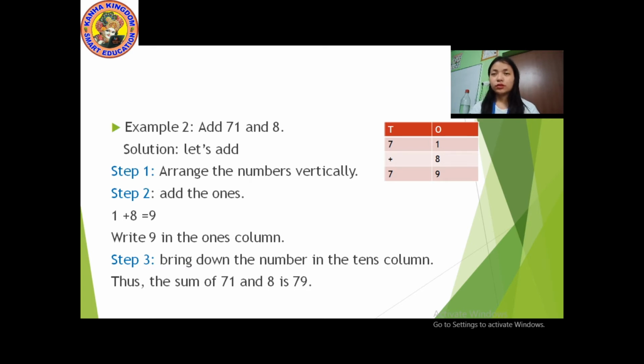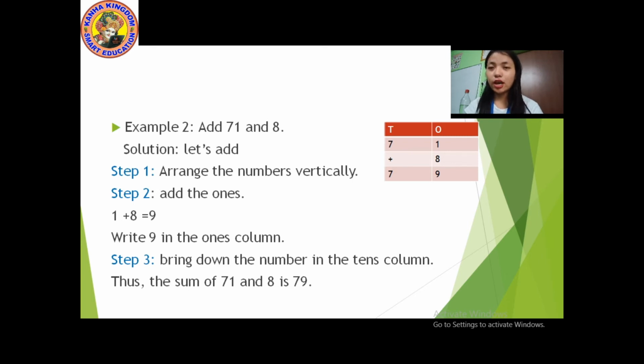So we should add 8 and 1 together. While adding 8 with 1, we get 9, right? So write 9 in the ones column.